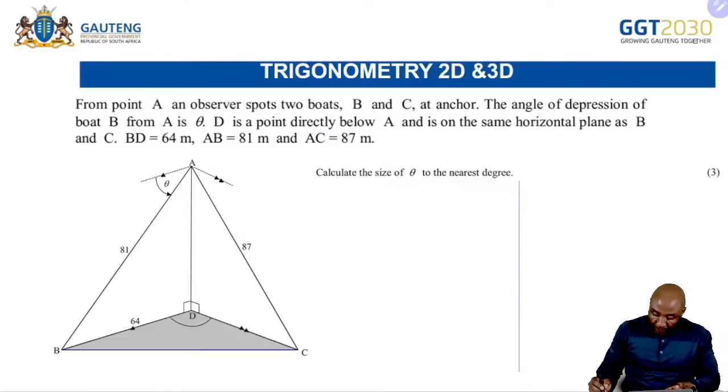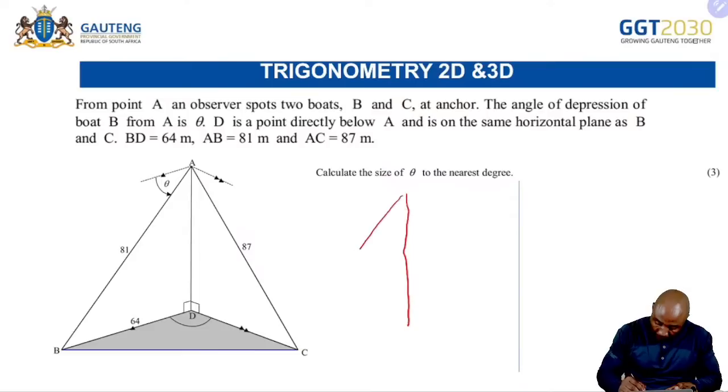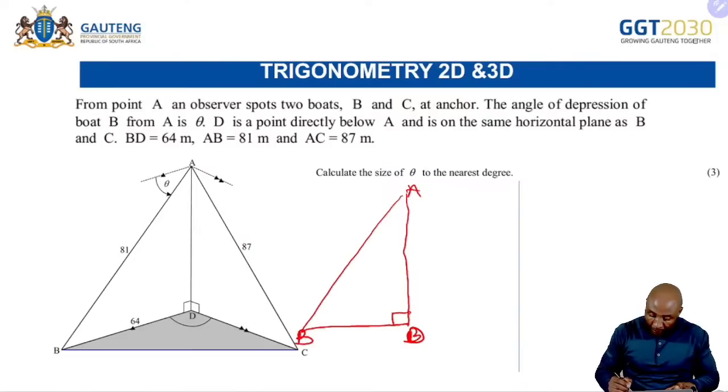Redraw the triangle. I will draw triangle ABD. My right angle, my A is up there, my D is here, and my B is here. Now, this is a right-angled triangle. What else do I know?